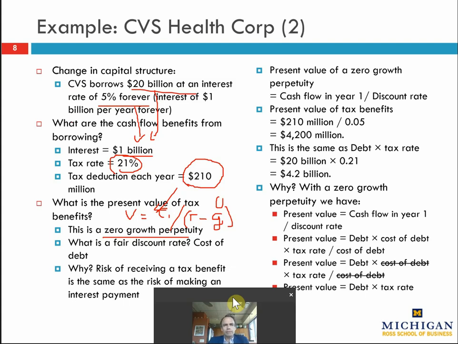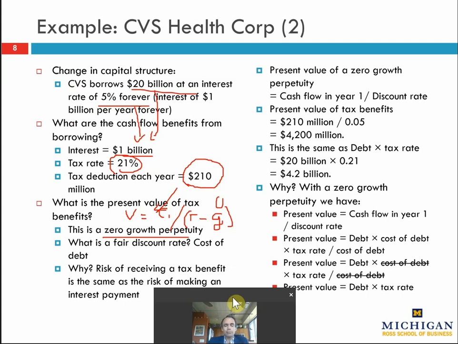If I generate enough cash flow to make this interest payment, then on my tax return, I'm able to claim that interest payment as a tax deduction. If I don't generate enough income to make that payment to the lenders, I'm also not able to claim this interest expense as a tax deduction.